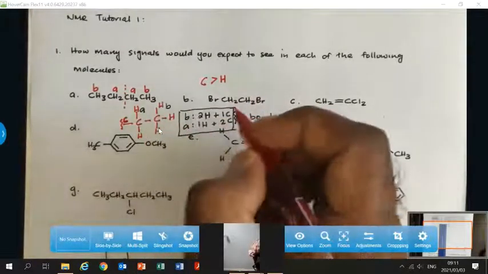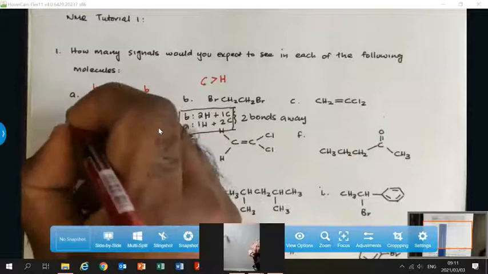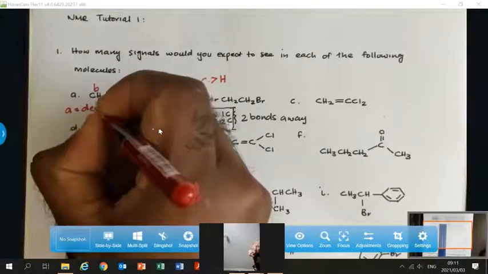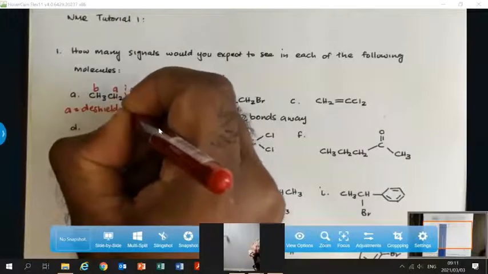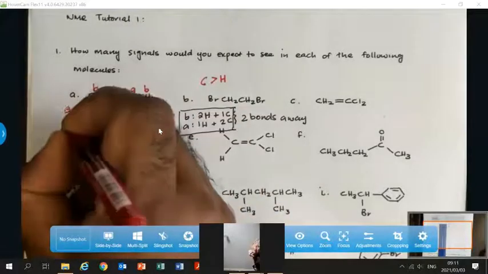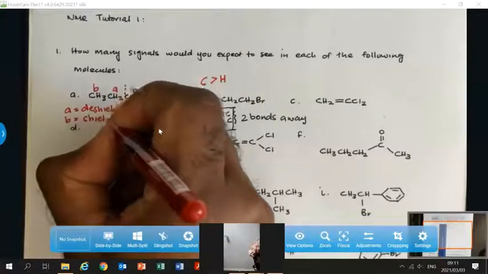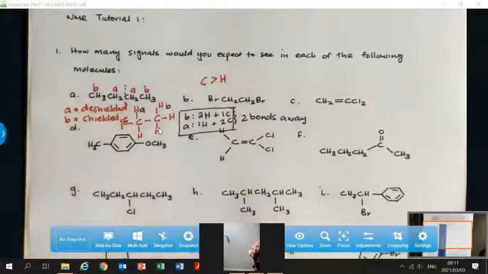So I'll expect A to be de-shielded, and I'll expect B to be shielded. All right, so A is going to be de-shielded. So generally, if I look at my spectrum, I'm going to find B closer to 0 and A further away downfield, right?